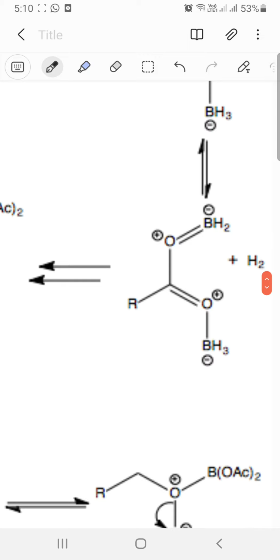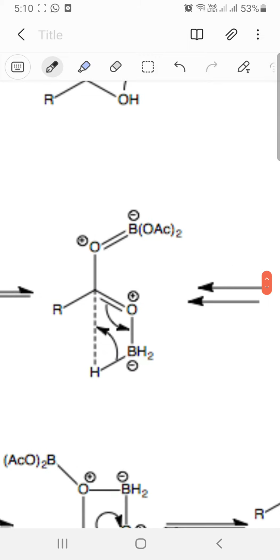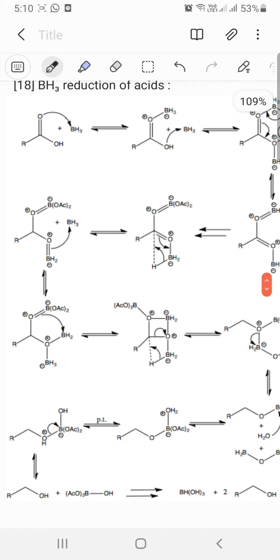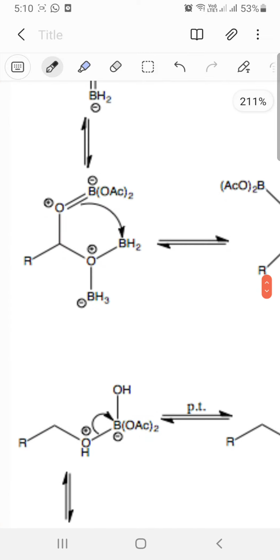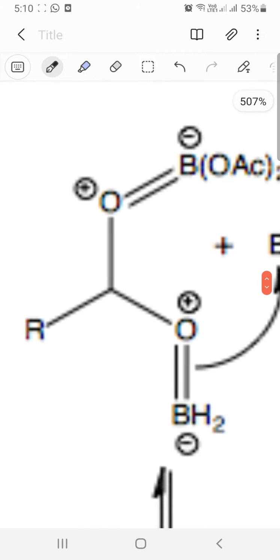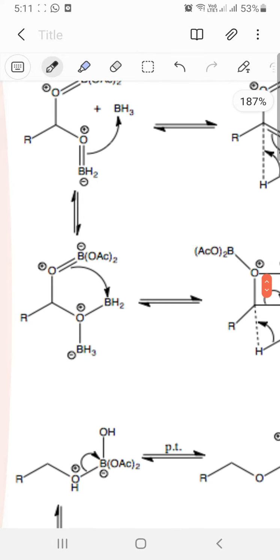After that there's a hydride shift, and because of that you have this. So that's cool and all, nothing's bad till now. And sure, so you have this thing. Okay, you have this kind of species, and after that the real main steps start.